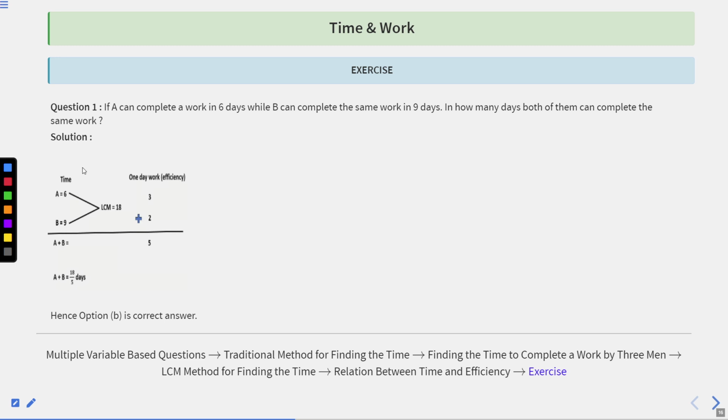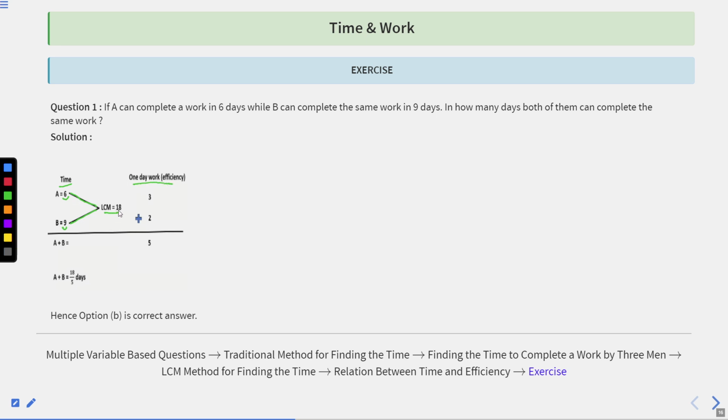So the solution. The time taken by A is 6, which is given in the question. Time taken by B is 9, that is also given in the question. So as discussed, you have to just take the LCM of the time taken by A and B, that is 6 and 9. So LCM equal to 18. And now check 1 day work efficiency.